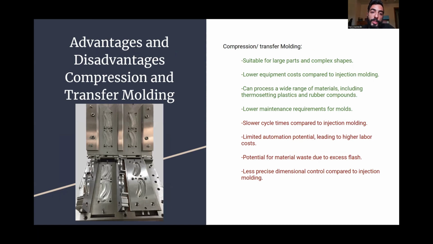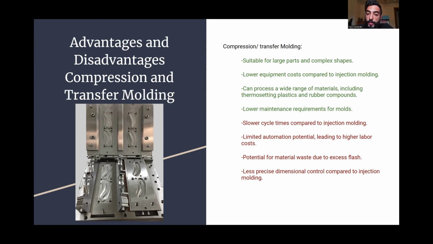Disadvantages of both compression and transfer molding are that less volume can be produced compared to injection molding, and high labor costs, as it requires a lot of human input.